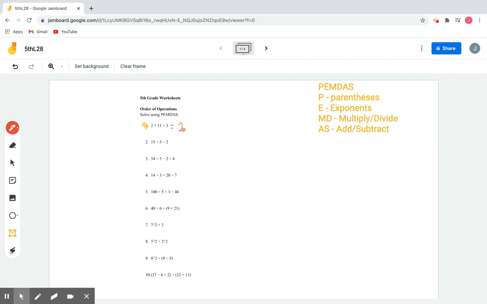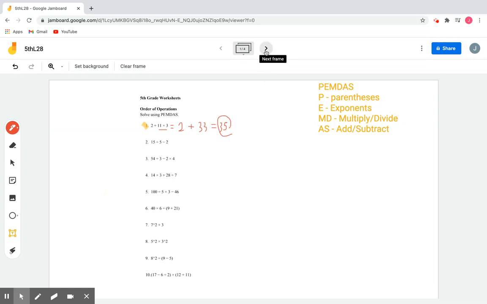So 2 just stays here because we need to multiply first. 11 times 3 is 33. So I'm going to write 33 here, and then I'm going to add because I finished multiplying. So 2 plus 33 is 35, and this will be the final answer.